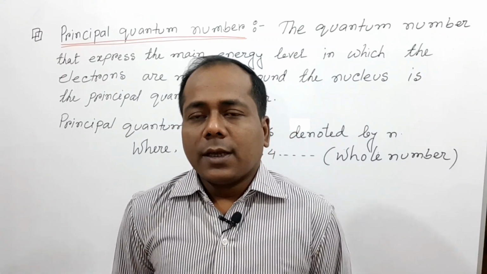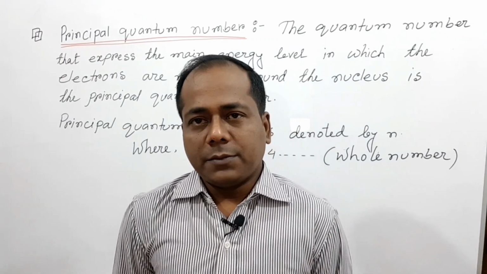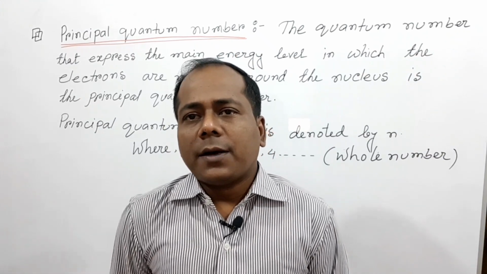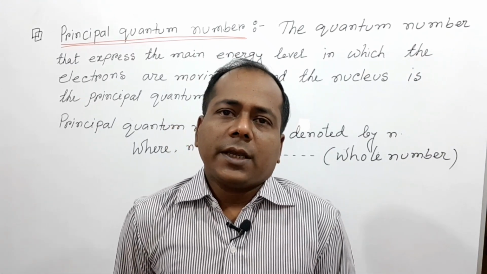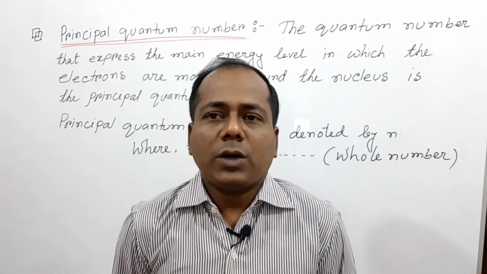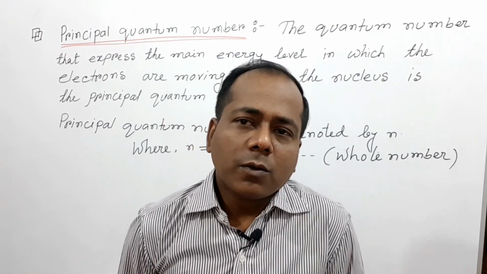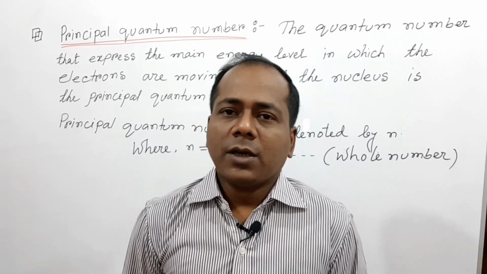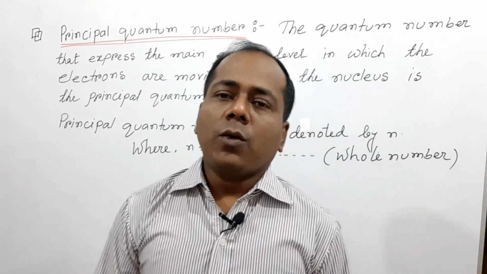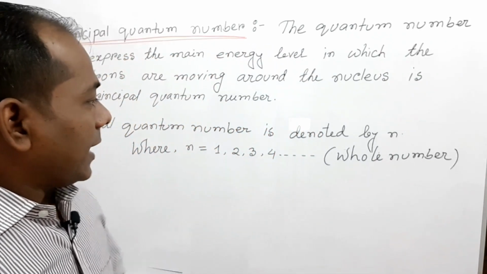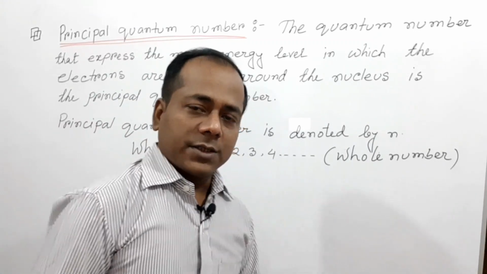Dear students, now principal quantum number. The quantum number that expresses the main energy level in which the electrons are moving around the nucleus is the principal quantum number. Principal quantum number is denoted by n, where n equals 1, 2, 3, 4, and so on, and that is a whole number.